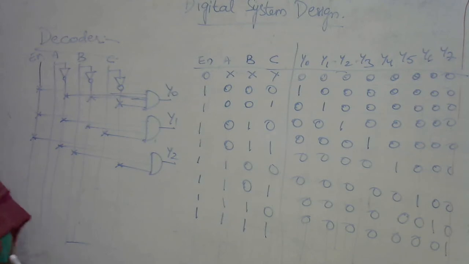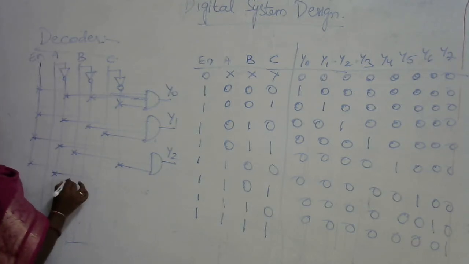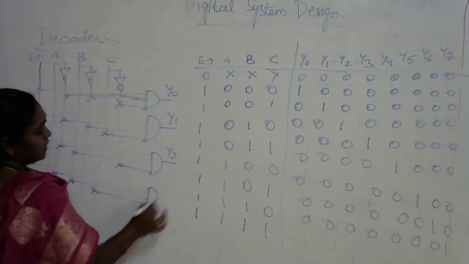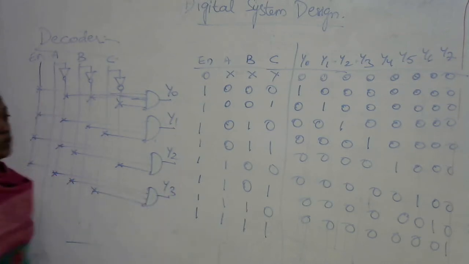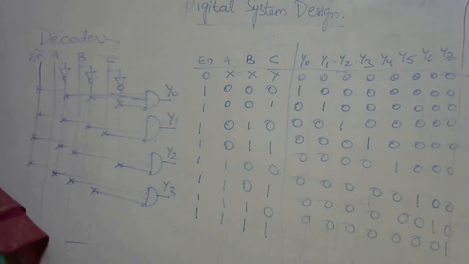Those 3 inputs may be either 0 or 1, and as it is active high, the enable pin is equivalent to 1. So for Y3, A is 0, that is A bar, B is 1, C is also 1, connected to an AND gate, and this is Y3. So this is how, just expand this and try to draw Y4, Y5, Y6 and Y7.